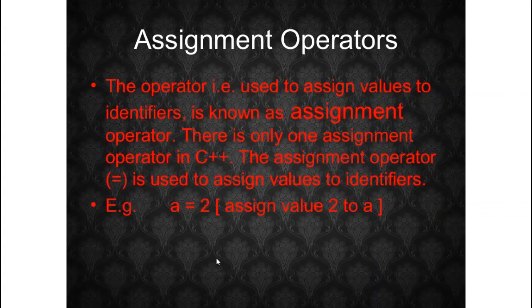For example, A equals 2. Here the variable or identifier A gets the value 2 when the assignment operator equals is used. Therefore, the statement A equals 2 assigns the value 2 to A.